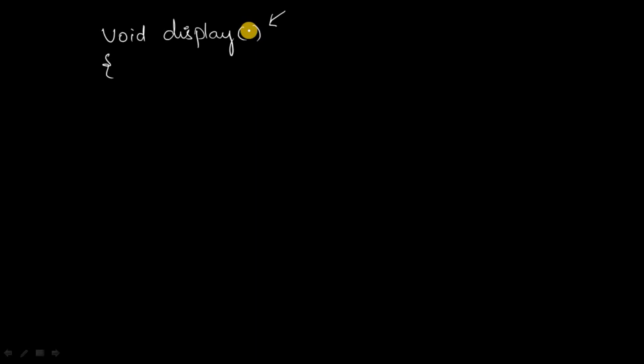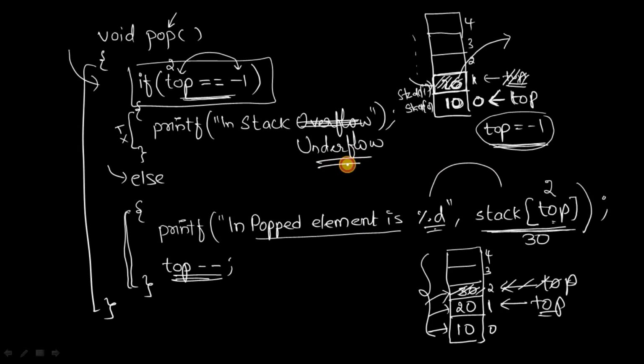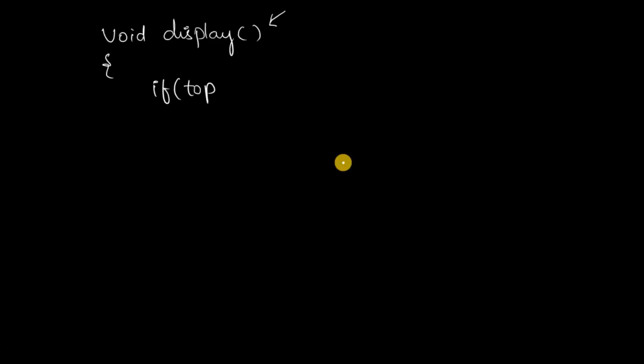So first of all you have to check whether elements are present in the stack or not. So for that you have to check for the underflow. What is the underflow condition? Just now we have seen, if top is equal to -1, it is a stack underflow, right? Mistakenly I have written overflow, it is underflow.